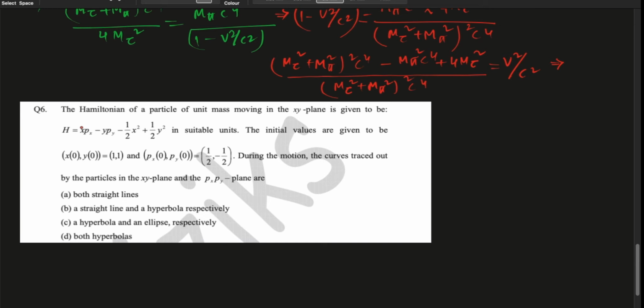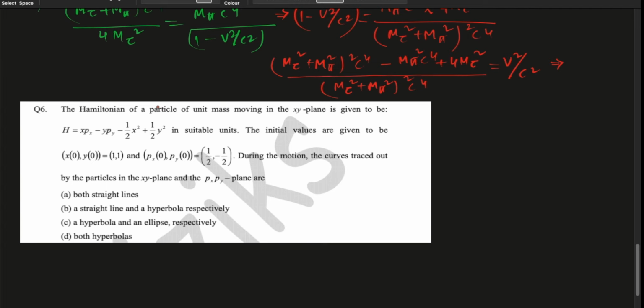All right, so the Hamiltonian of a particle of unit mass moving in the xy plane is given to be H equal to x px minus y py minus half x square plus half y square, in suitable units.